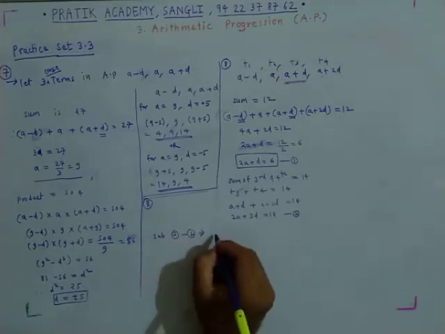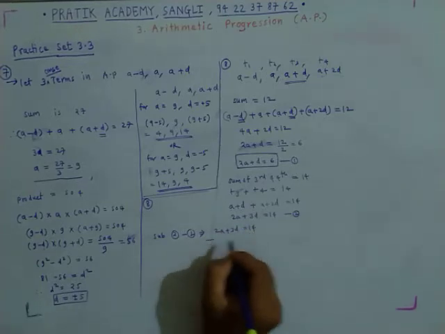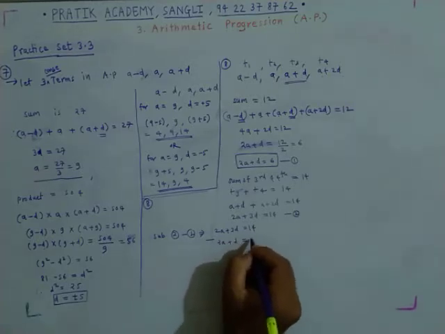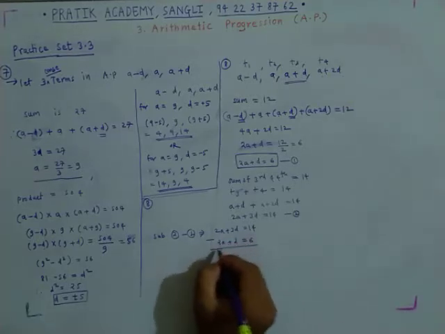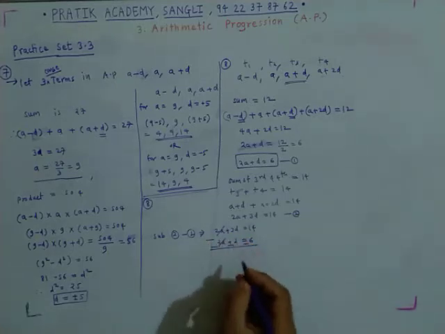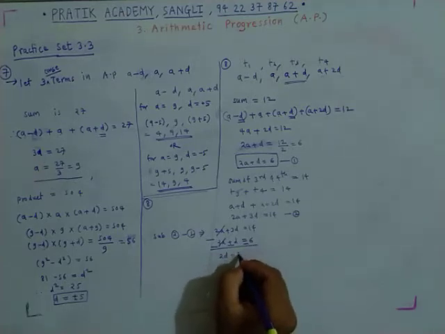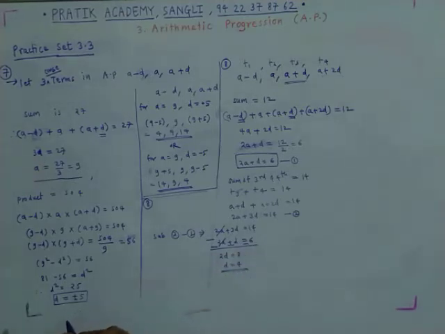What will you get? 2a plus 3d is equal to 14, minus 2a plus d is equal to 6. Change all signs, 2a gets cancelled, 3d minus d, 2d is equal to 8, d is equal to 4. That means d is 4.